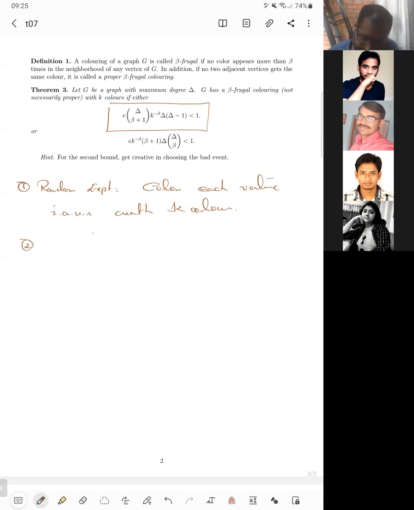So we have to identify the bad event. Yeah. Correct. Let A be the event that V_i has at least one color among the 1, 2, 3, etc. K colors.